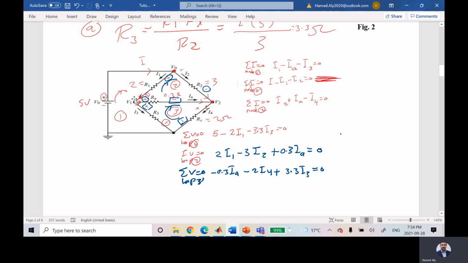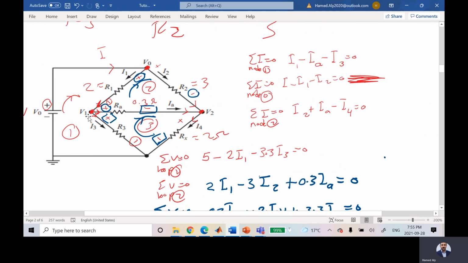I can say summation of the current only for this node is equal to 0 and for this node is equal to 0. At that time, I can solve these two equations, right? And find V1 and V2. Once you found V1 and V2, you can calculate this current because this current is V1 minus V2 over 0.3. Are you seeing what I'm talking about, guys?